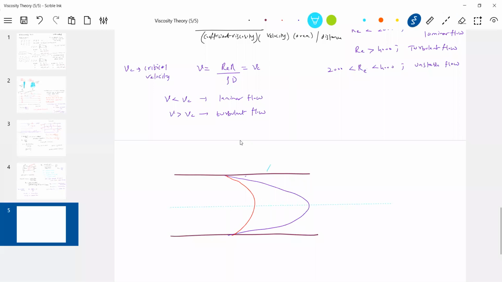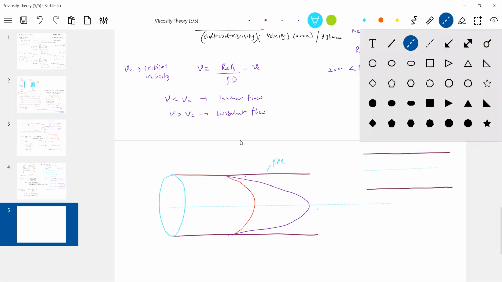This is the pipe, a cylindrical pipe. I think I'll give a better picture. Liquid is flowing. The layer of the liquid at the axis has more speed than the other layers. So what is this? This is a velocity profile. Inside a pipe, when a liquid is flowing, the profile will be like this. I should bring arrows.